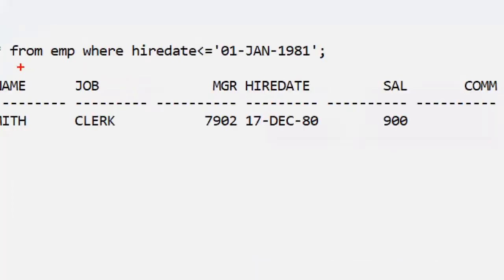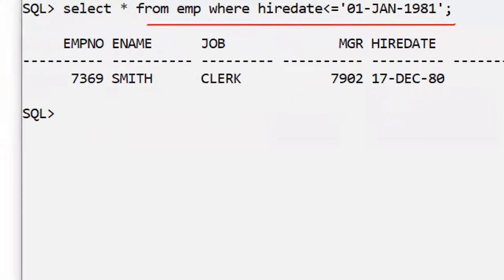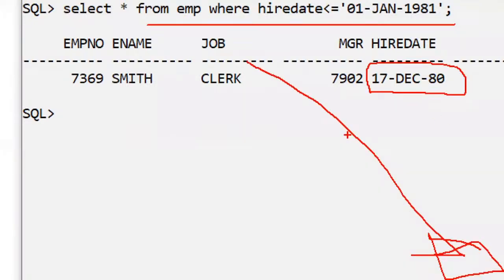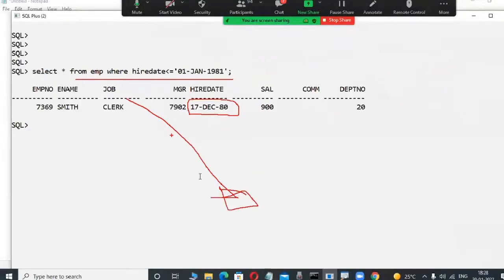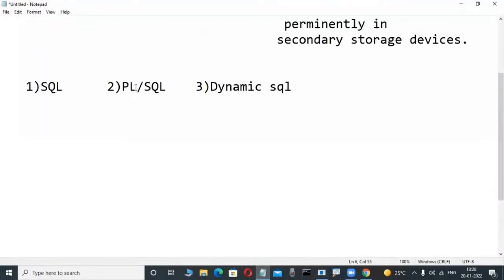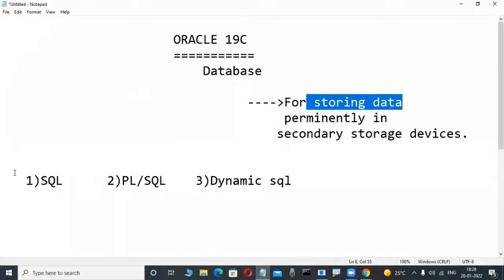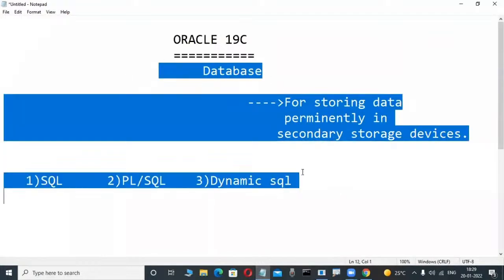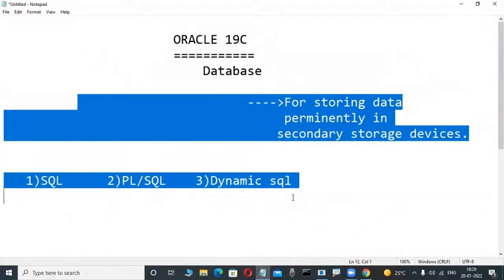With a single line of code, the employees who joined before 1981 are automatically retrieved from the database. That's why efficient data retrieval is most powerful, and it is possible only through these databases and these languages.